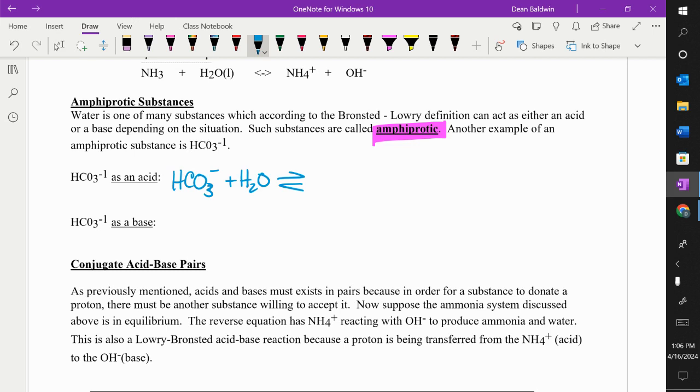It's going to give up the proton. So the proton comes flying over here. I'm just showing this with this arrow right now, I'm not going to write that later on. It bonds to water, so water is now H3O plus. And what are you left with? CO3 2 minus, carbonate ion.